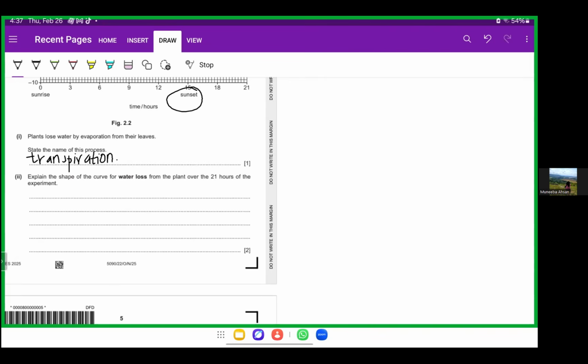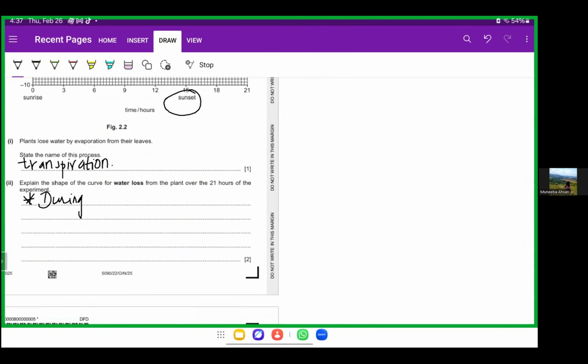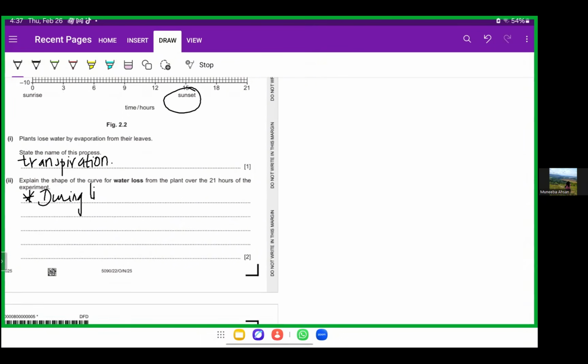So in order to explain, you'll also have to describe the graph as well. You can see that during the light, what we are observing is that there is increased water loss.